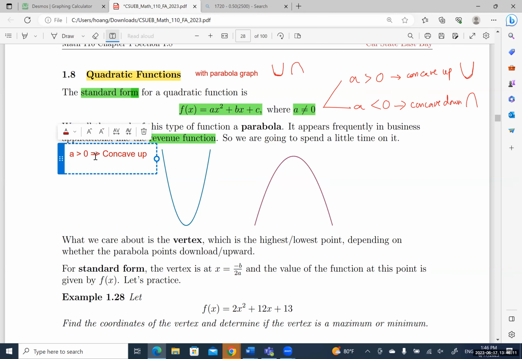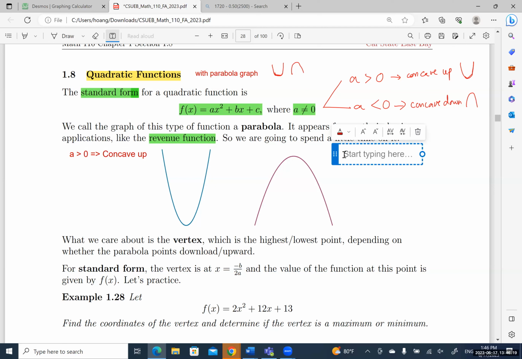What else? When a is less than zero, you will have concave down.